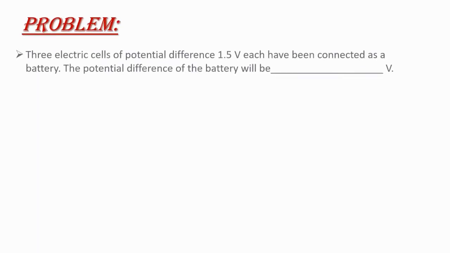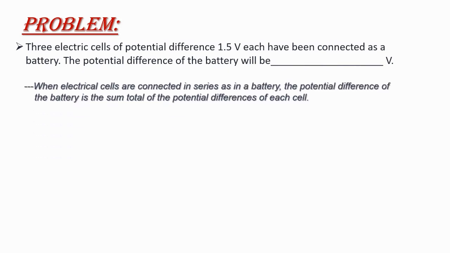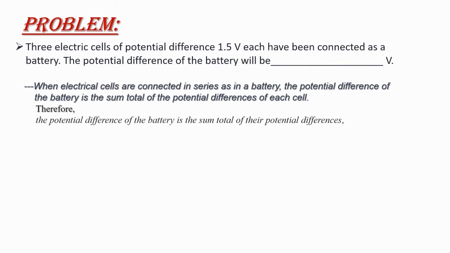Let us understand this problem. Three electric cells of potential difference 1.5 volt each have been connected as a battery. Let's find out the potential difference of the battery. When electric cells are connected in series as in a battery, the potential difference of the battery is the sum total of the potential differences of each cell.